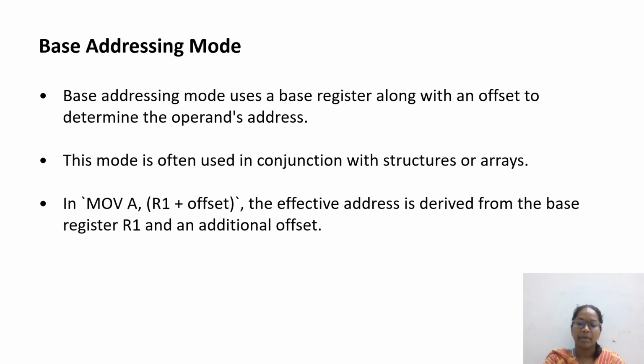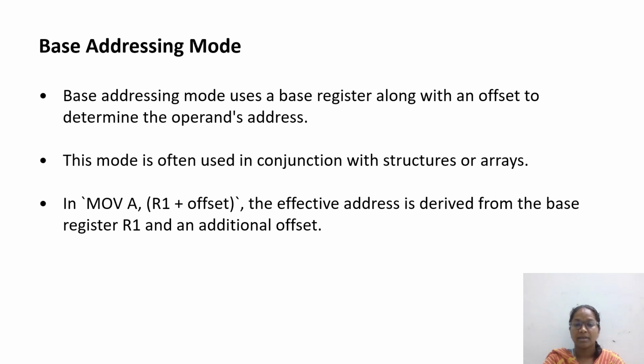Next, coming to base addressing mode. Base addressing mode uses a base register along with an offset to determine the operand's address. This mode is often used with structures or arrays, whereas indexed addressing is used for hash tables.